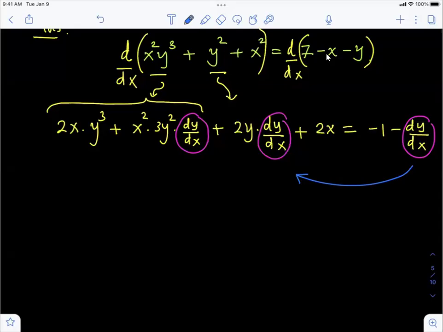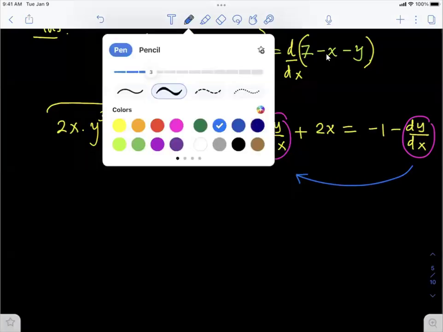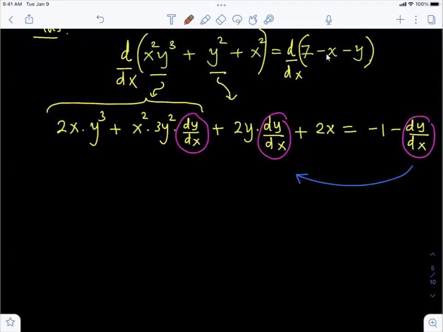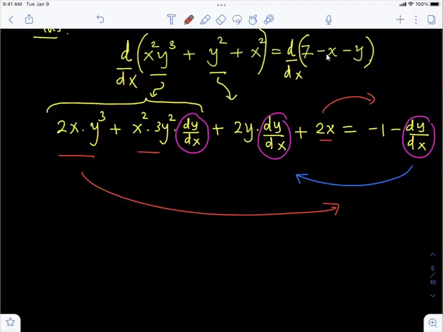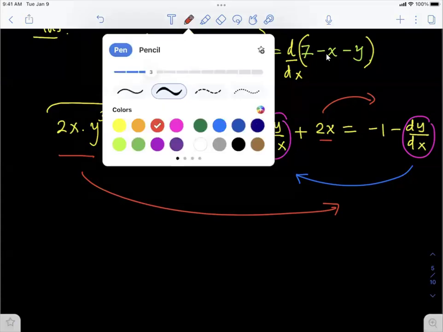For instance, if you look at this one right here, that should be moved to the right. And then this one that does not have dy dx term, I need to move to the right. And this one, by the way, it does have dy dx involved with it. So I'm not going to do anything with that. So let's do this.